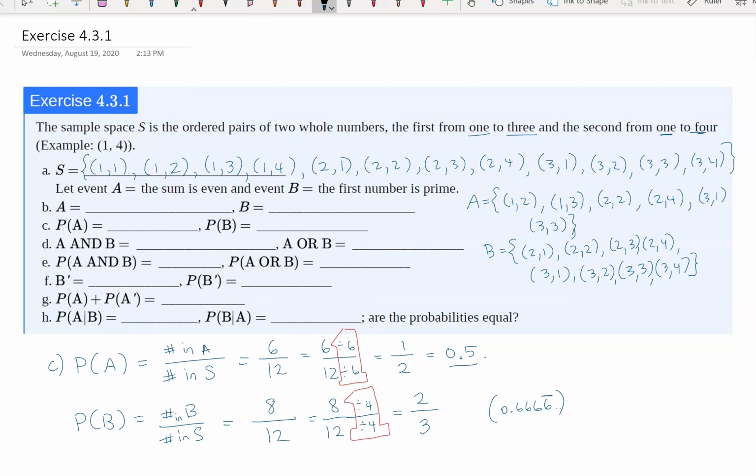So 0.6 repeating is not the same as 0.7. So we don't want to round it. We're just going to leave it as a fraction, 2/3. Similarly up here, we'll just leave it as 1/2. My general rule of thumb in doing these types of problems is if the denominator is 10 or less, we'll keep the denominator as it is.